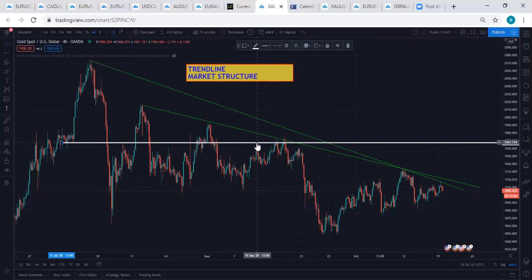It is a resistance, and on the normal resistance, and on the trend line it is a resistance. So you should know that we have double confirmation here that makes it a strong reversal level. That is a strong level where the market has every potential to go back down.